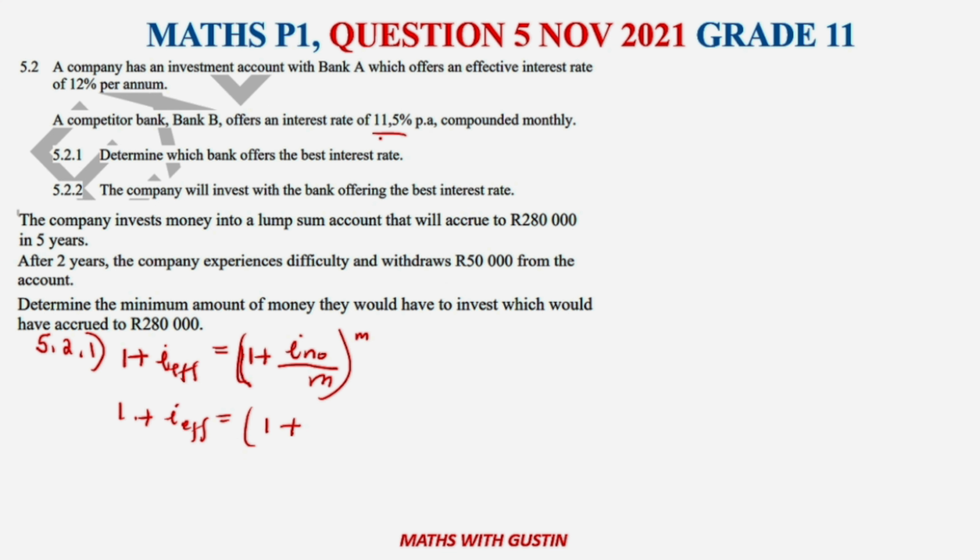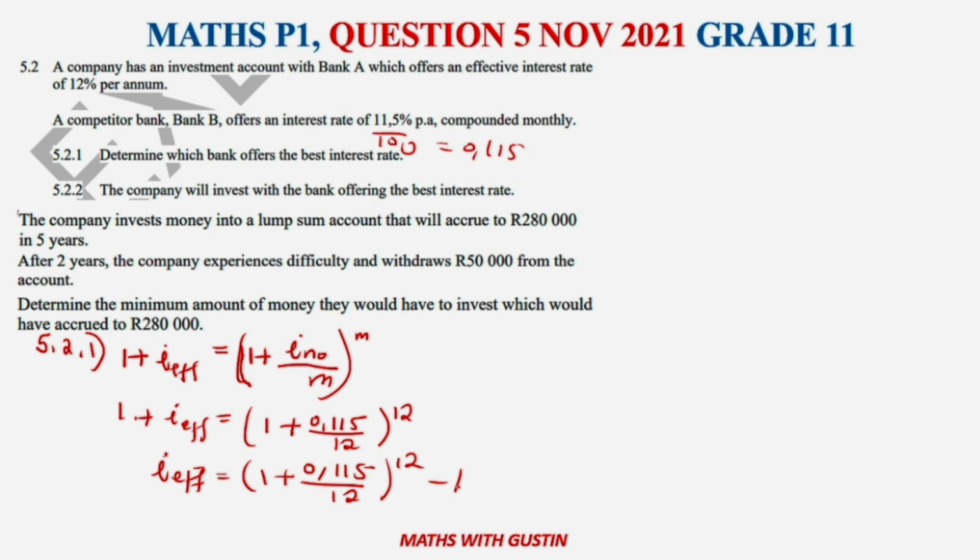When you divide it by 100, you should be able to get 0.115, divided by 12. Therefore, we can come now into our calculator and say 1 plus 0.115 divided by 12, to the power of 12, minus 1.